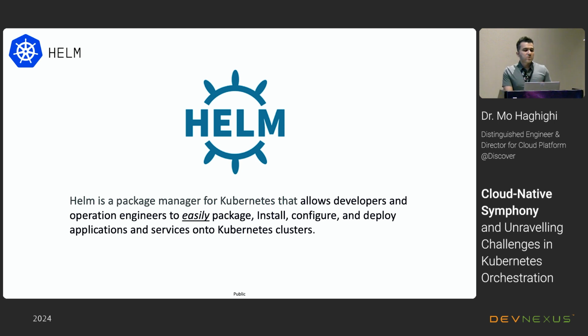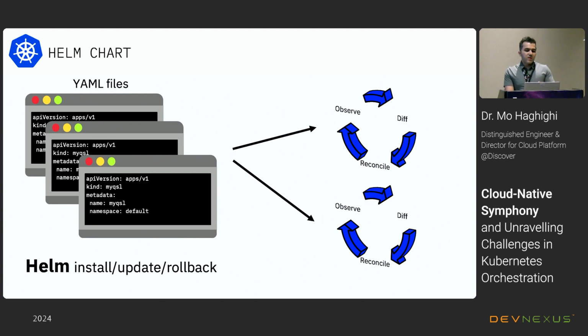I don't want to talk much about Helm, but think of it as YAML files that work together in a manifest combined into a single package. We call them Helm charts, which can be advertised to your Kubernetes cluster and tell Kubernetes what sort of deployment, CRDs, and all those things you expect from your Kubernetes.